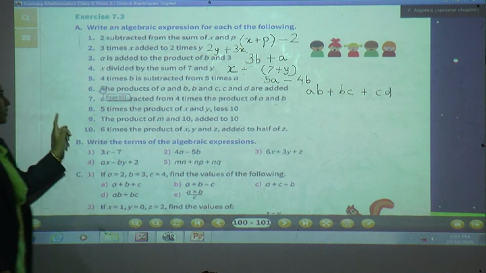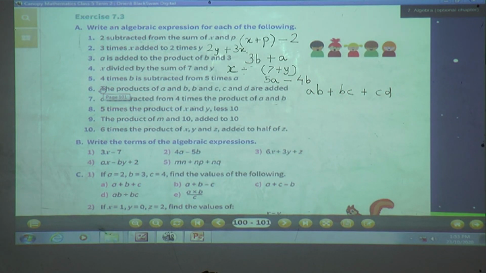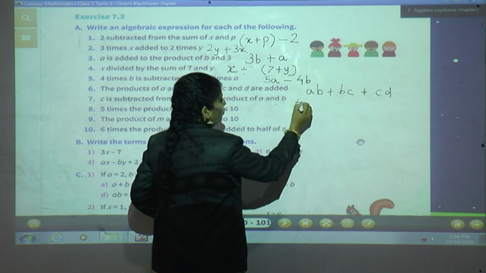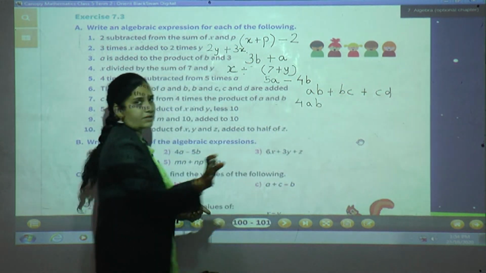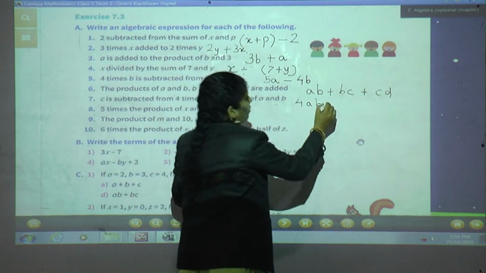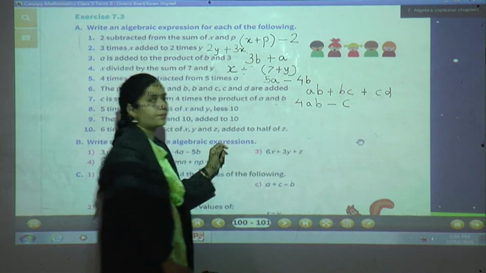Understood, all of you? Now the seventh one: c is subtracted from 4 times the product of a and b. 4 times the product of a and b means 4ab, isn't it? And c is subtracted from this, so subtract c.